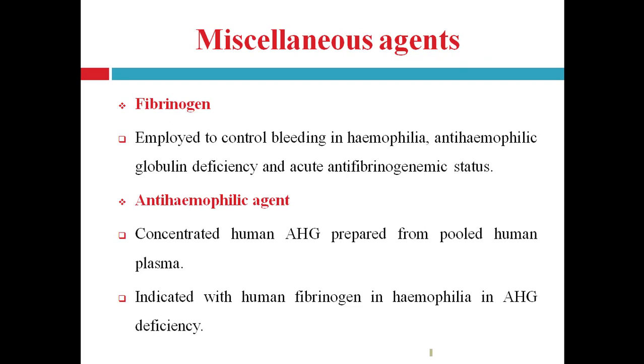Then miscellaneous agents. First one is fibrinogen. Fibrinogen is a fraction of human plasma employed to control bleeding in hemophilia, antihemophilic globulin deficiency, and acute afibrinogenemic status.